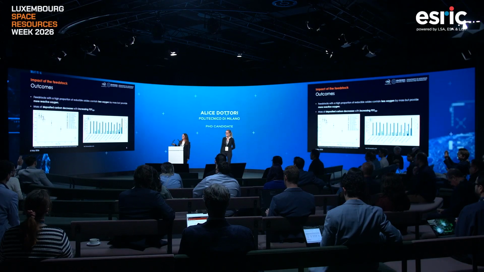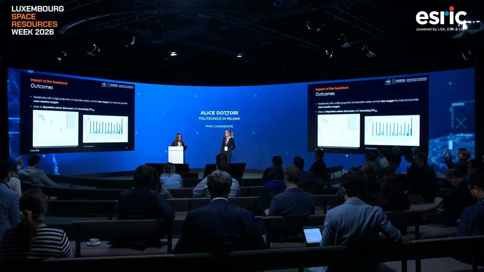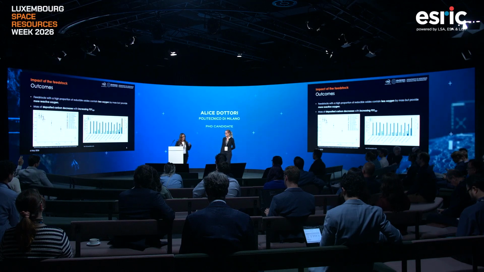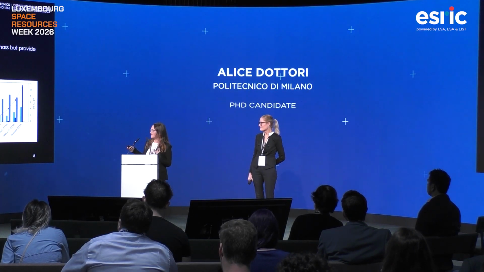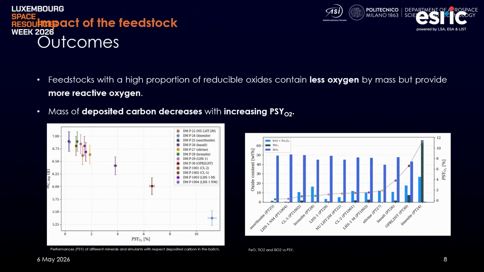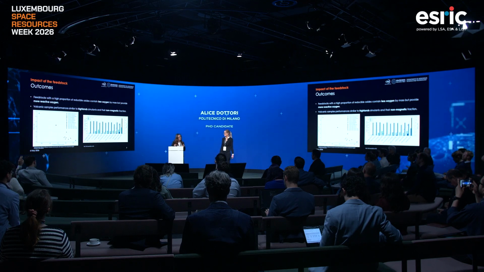I mean that at the temperature we are working with, around 1100 Celsius, below the melting temperature of the material, we are able to extract the oxygen available in iron and titanium oxide, while the oxygen available in silica oxide, which is larger in percentage with respect to the total mass of the feedstock, is more structurally bound, so it requires higher temperatures.